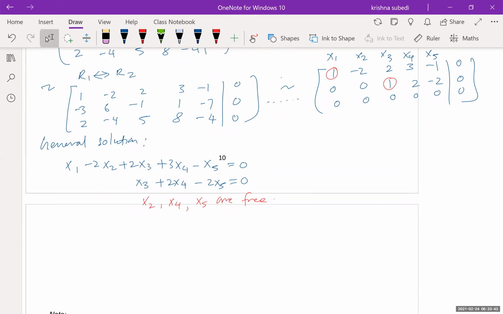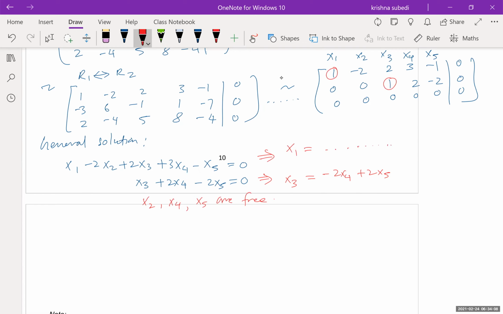So the basic variable x3, let me just find x3 here, which is negative 2x4 plus 2x5. And if I substitute the value here, now I need to find x1 there.